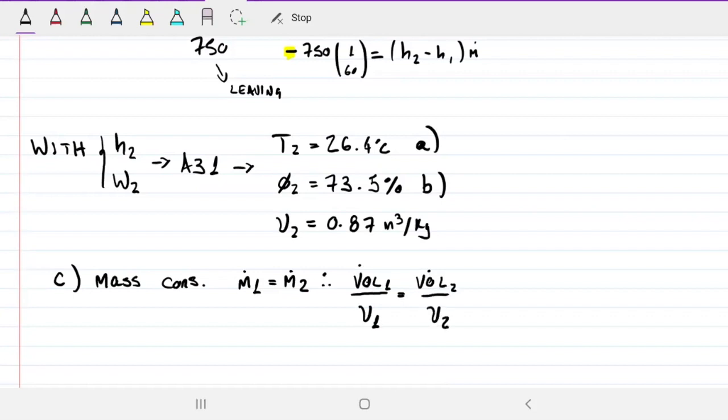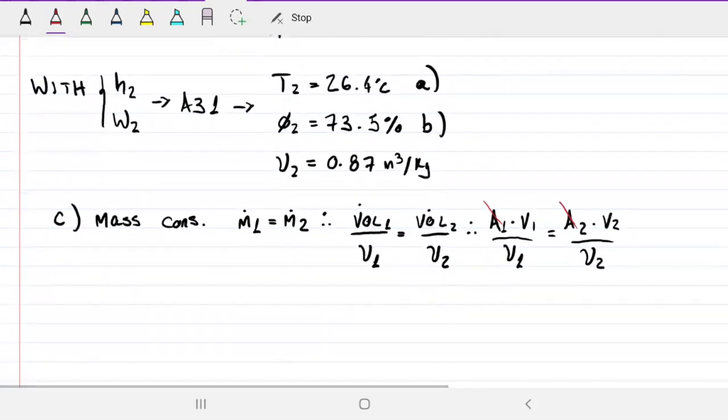And our volume flow rates are area 1 times velocity 1 divided by specific volume 1, which will be equal to area 2 times velocity 2 divided by specific volume 2. The areas are exactly the same. The duct does not change in diameter as we go through, so it doesn't really matter what that area is.